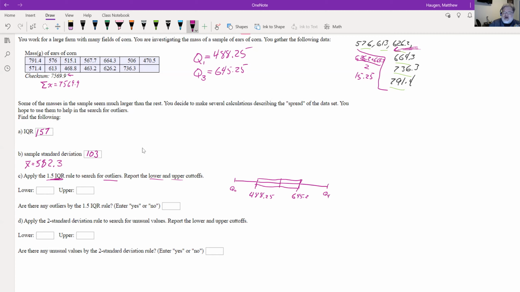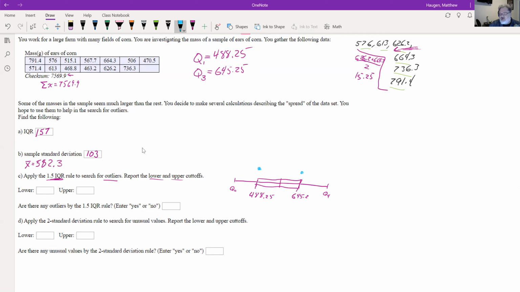So that 1.5 interquartile range tool, as you recall, says, okay, go from the outer quartiles, or the outermost of the inner quartiles. So from Q1 and Q3, we're going to measure out 1.5 IQRs.